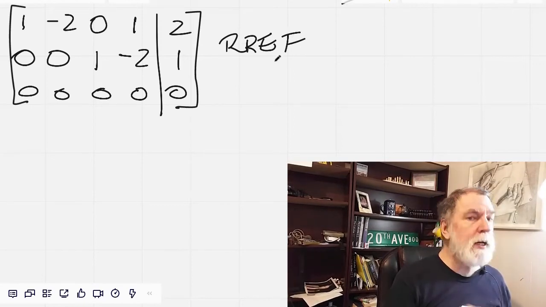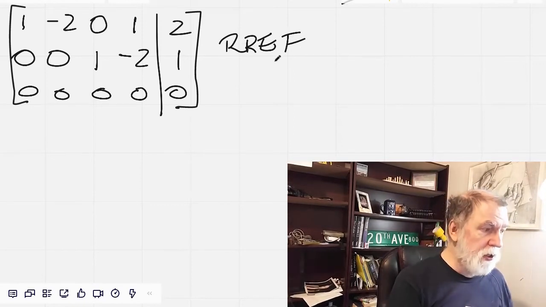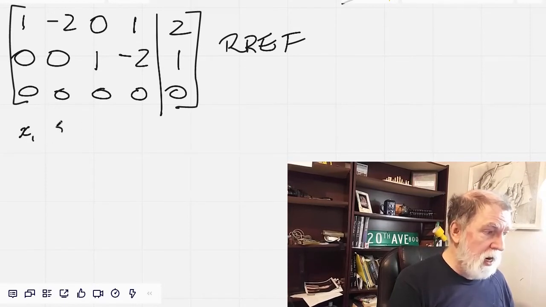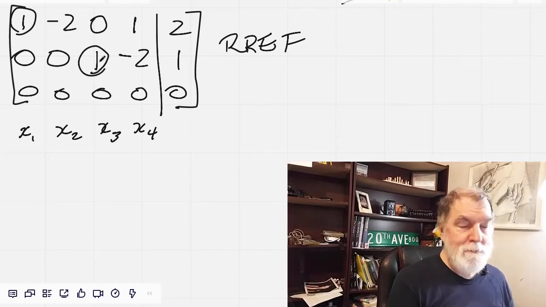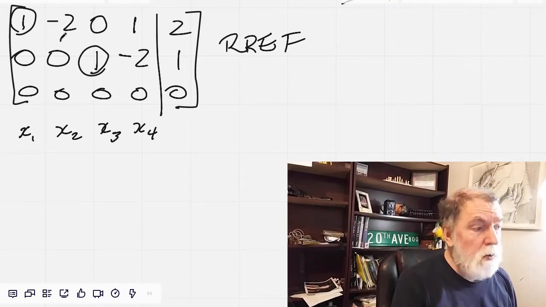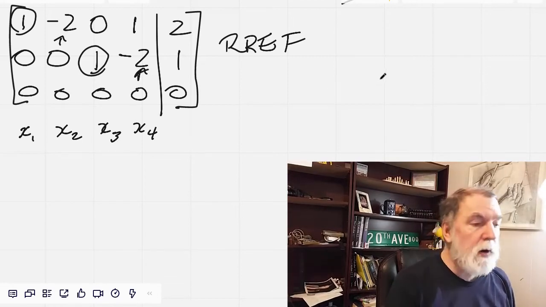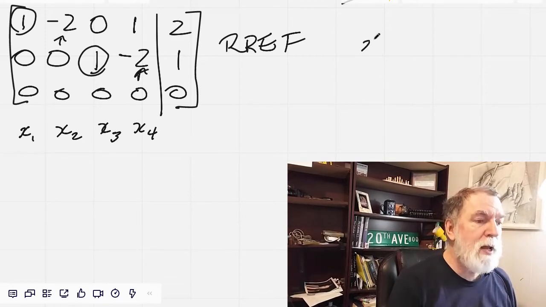Now we'll convert it back to a system of equations. Let's make this row x1, x2, x3, and the final row is x4. Here are our leading variables. x2 and x4 are non-leading variables, so we make up parameters for their solution.